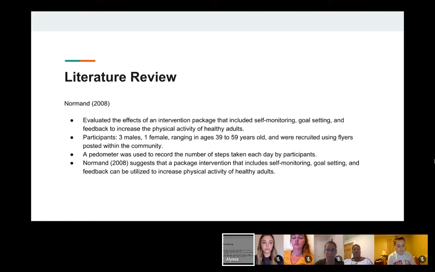So a lot of experimenters are looking to find ways to increase physical activity, and a lot of it is primarily for health reasons.